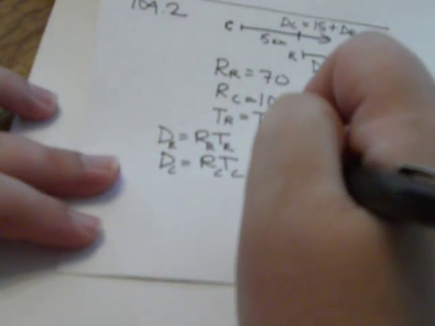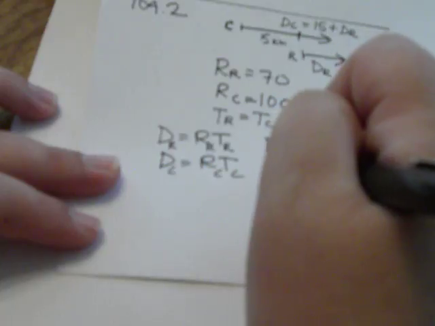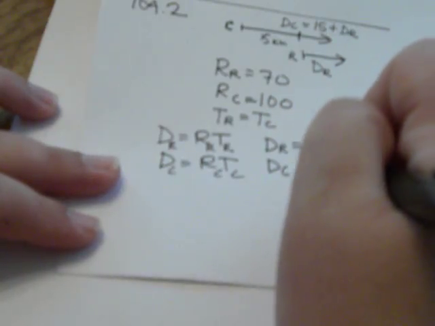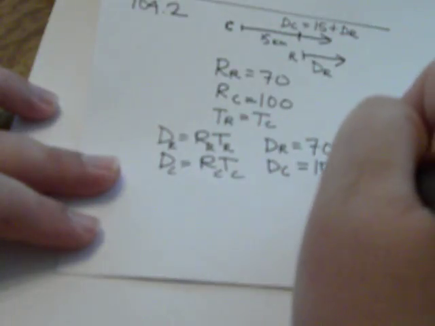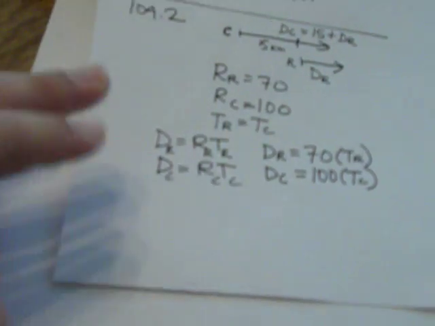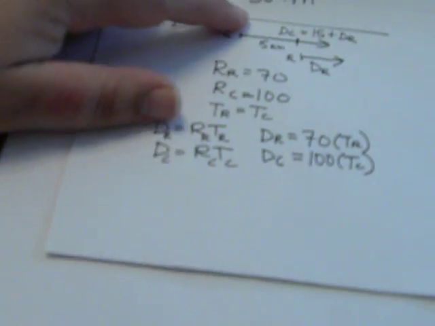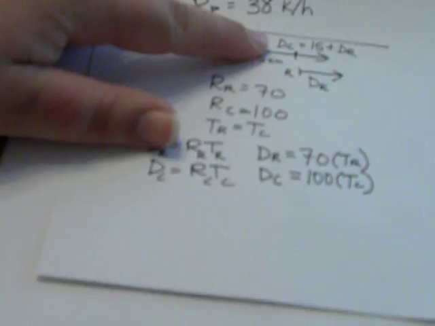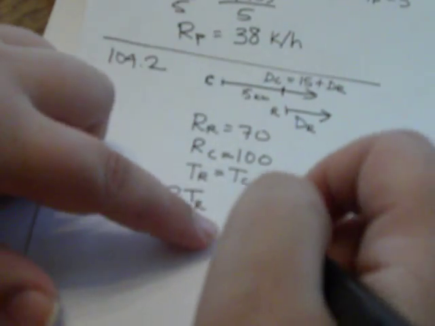Distance of Charlene is equal to the rate of Charlene times the time of Charlene. That doesn't seem very helpful, but now we can put it all in terms of one or the other. Since we know D sub C equals 15 plus D sub R, we'll plug that in for D sub C, so we'll put it all in terms of Rachel.